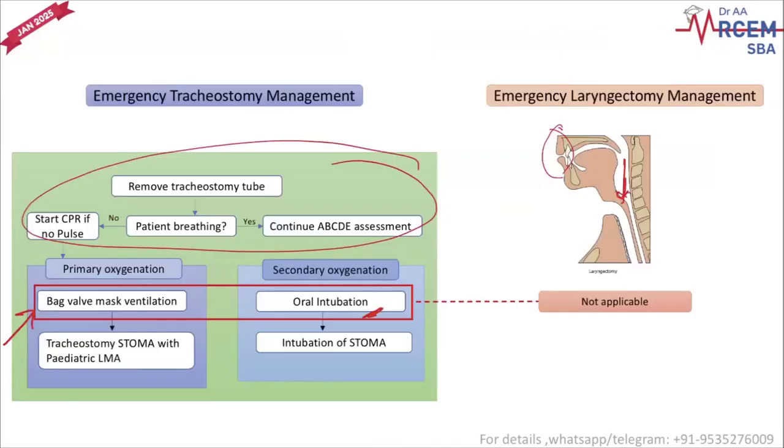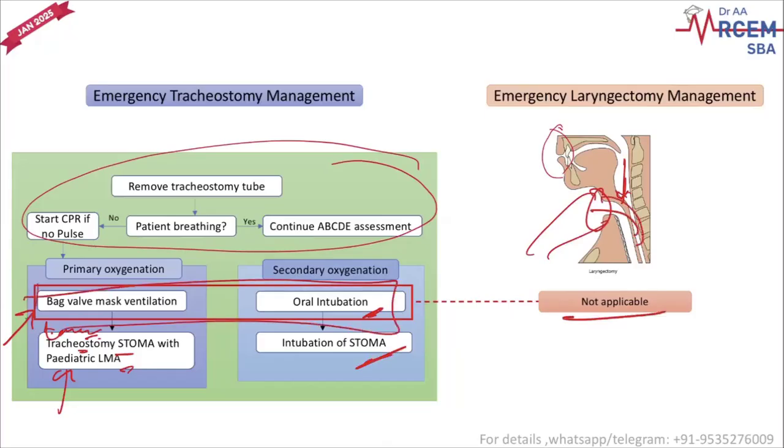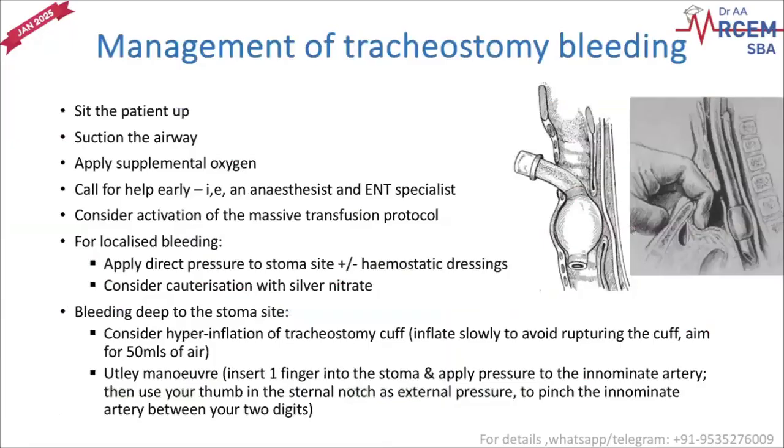So you directly jump to, it is not tracheostomy, laryngostomy here, the name will change. Through a laryngostomy stoma with a pediatric LMA, you'll try to ventilate this patient. After that, you'll try to intubate using a size 6 ET tube. The oral route will not be applicable here because of what laryngectomy basically is, the differentiating factor itself doesn't allow you an oral intubation or a bag mask ventilation.